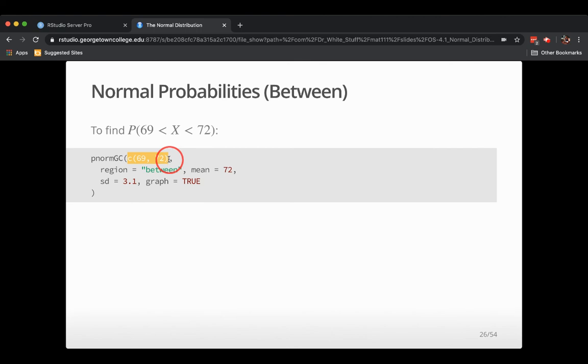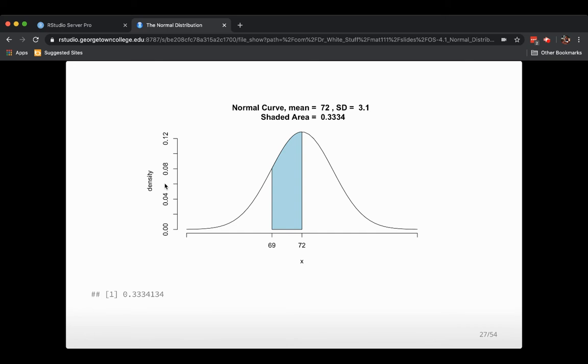That's the first input. And then you've got a comma for the next input of pnormGC. You've got to say region equals between in quotes, and then everything is the same. Your normal curve as specified by its mean and its standard deviation, and I'm asking for the graph, so we get this kind of picture in the plotting window, and the probability for the person to be between 69 and 72 inches is about 33%.